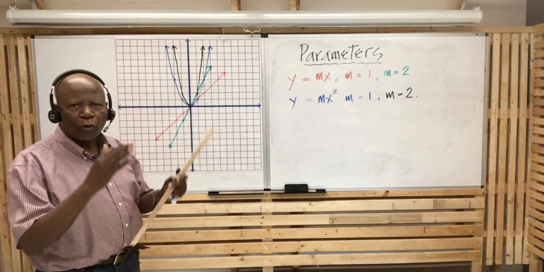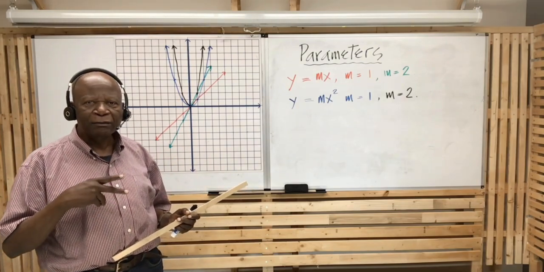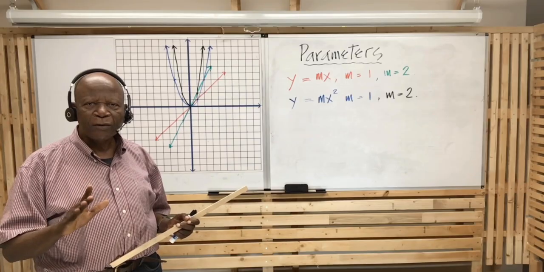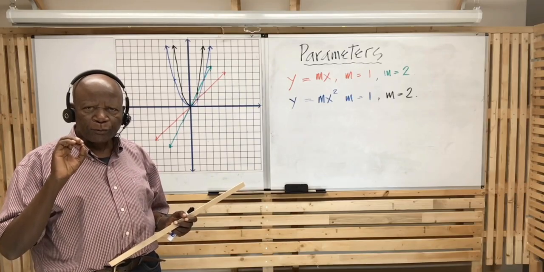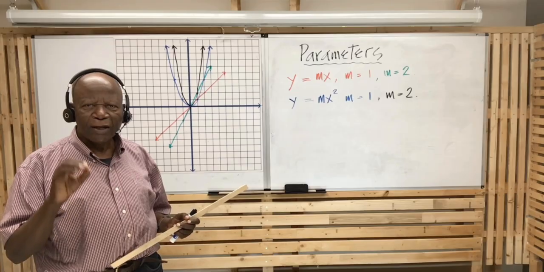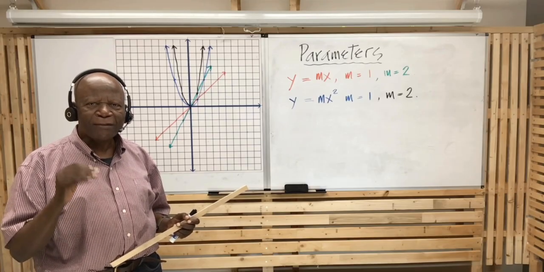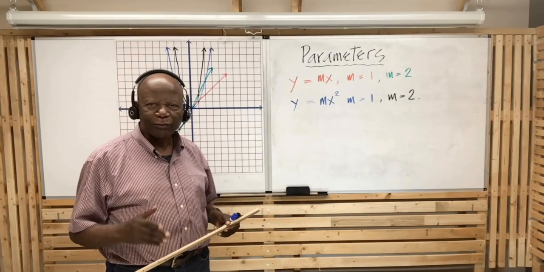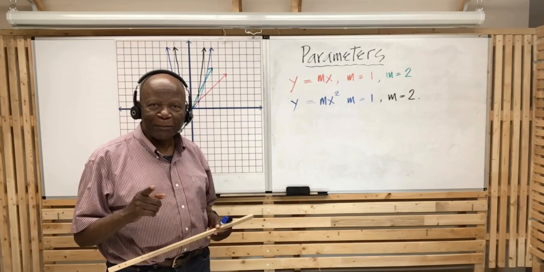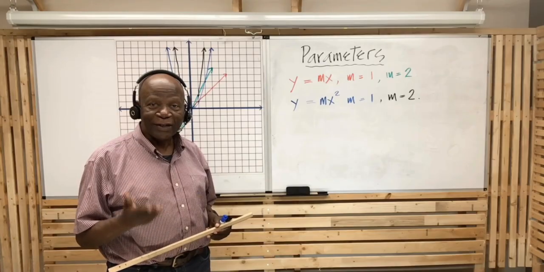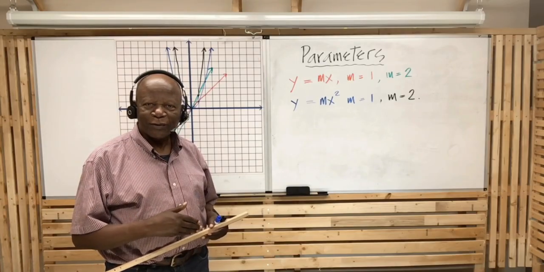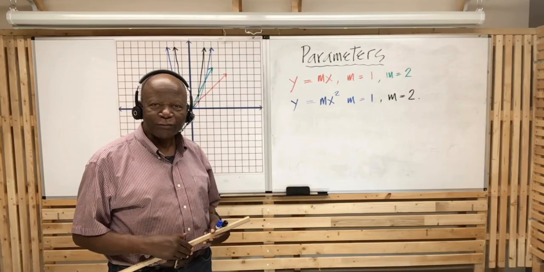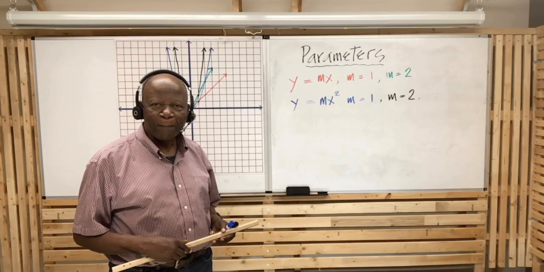This applies to all the graphs, whether it is linear, quadratic, cubic, or any form of graph. The parameter affects the end behavior. Now, you know that parameters affect the outcome of equations, polynomials, functions, and the rest of them.